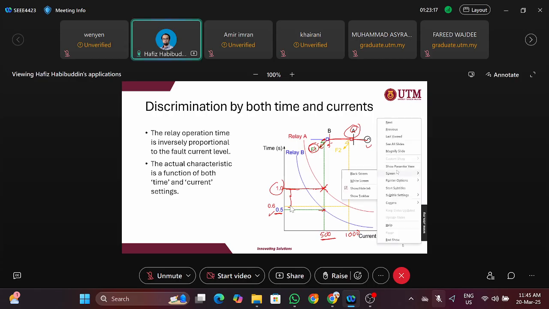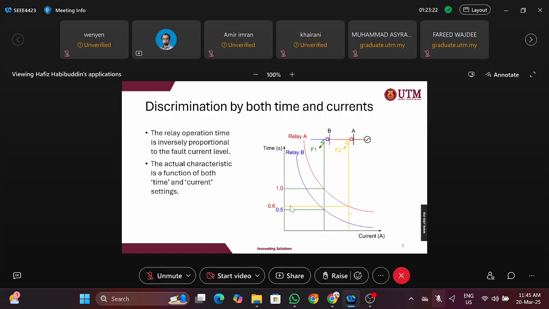Now, what if there's only a fault at F2? A fault at F2 will provide a 1000 amp current here, but you have fixed this point here. So basically the curve A remains the same, it does not change.